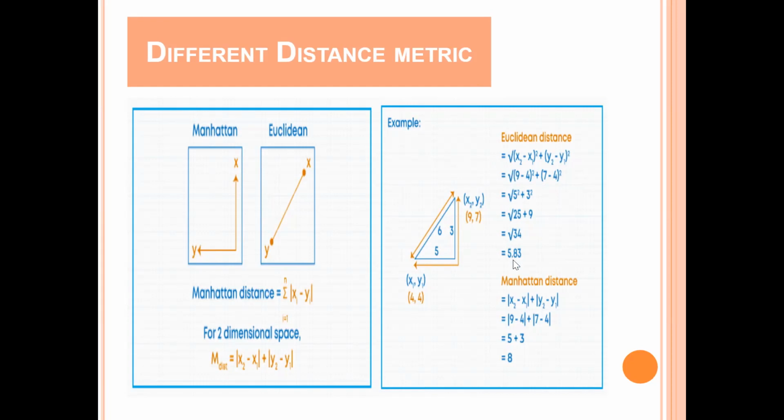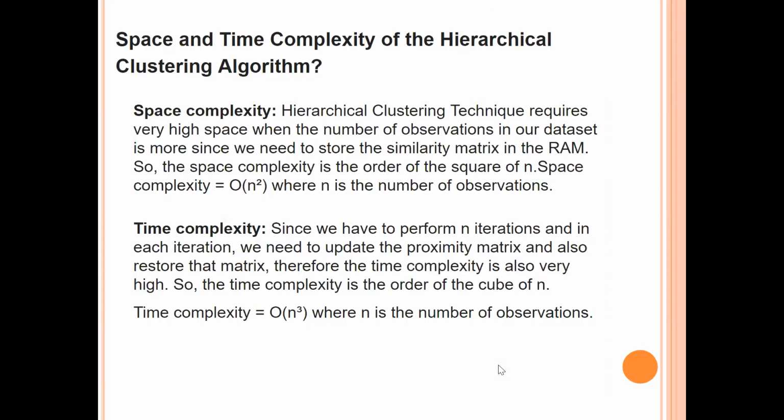So you can see we are getting the result. Here we are using the Pythagoras theorem. In the Manhattan distance, we find the absolute difference between 2 points, so x2 minus x1 plus y2 minus y1. That's what we are doing using the Manhattan distance, and that's what we got as a result. So it's up to you which metric you want to use.